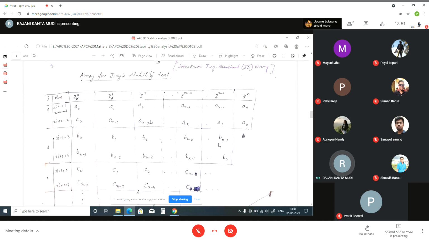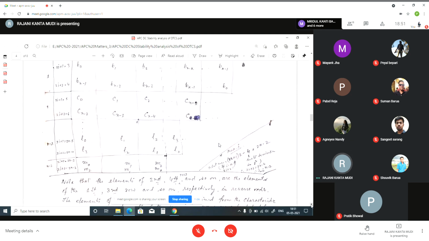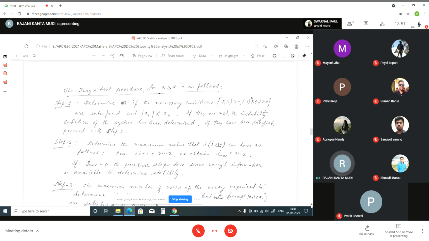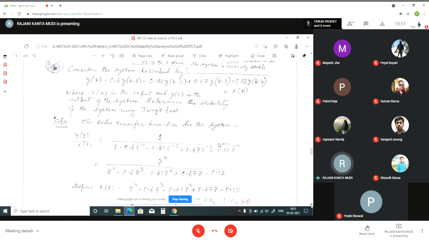Row by row, you add and test the constraint, satisfied or not. If not satisfied at any moment, then you can conclude. If it is satisfied at any row, then you will move to the next row like this. In this way, you can check the stability of the discrete system in the Z domain.